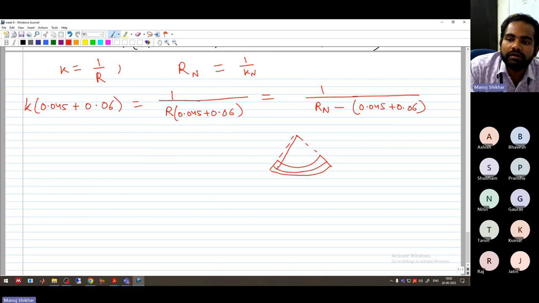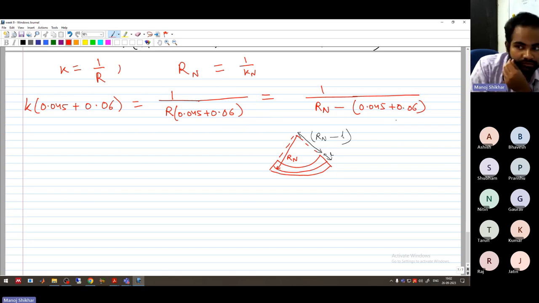So if this is Rn, this will be Rn minus this distance, right? Suppose the distance is L, so Rn minus L. And that is what has been written here, Rn minus 0.045 plus 0.06. I hope I have made myself clear here.